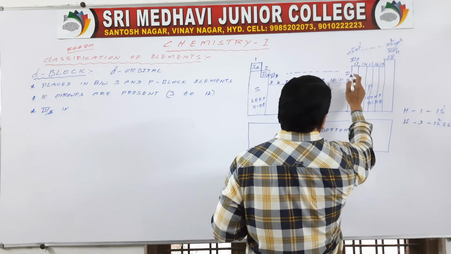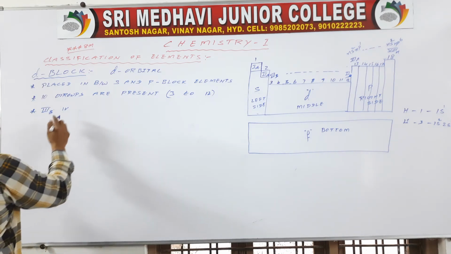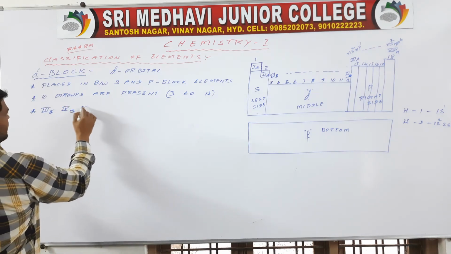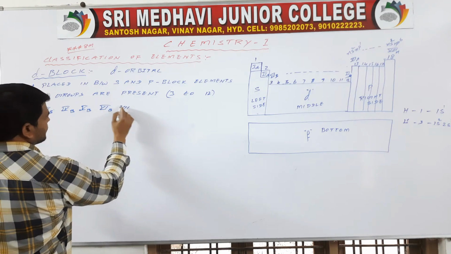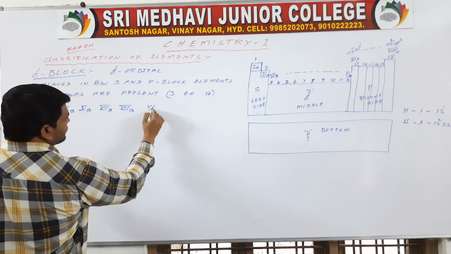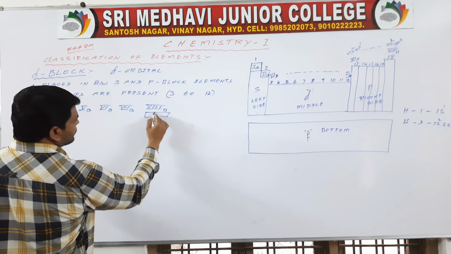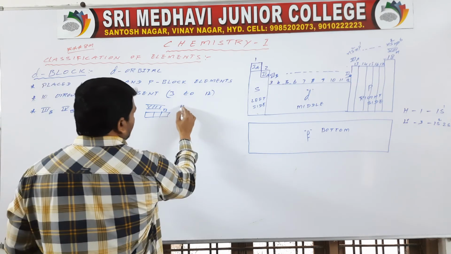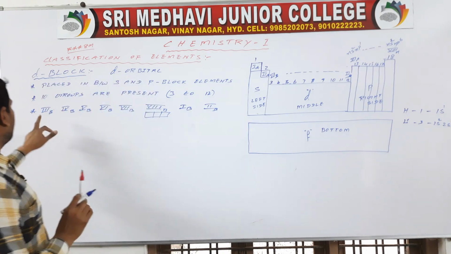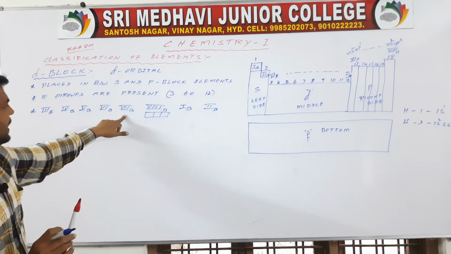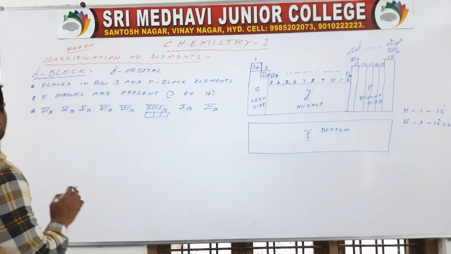Third B, next fourth B, fifth B, sixth B, seventh B, eighth B can be divided into 3 groups, next first B and second B. Okay, 1 2 3 4 5 6 7 8 9 10. How many groups? 10 groups are present.